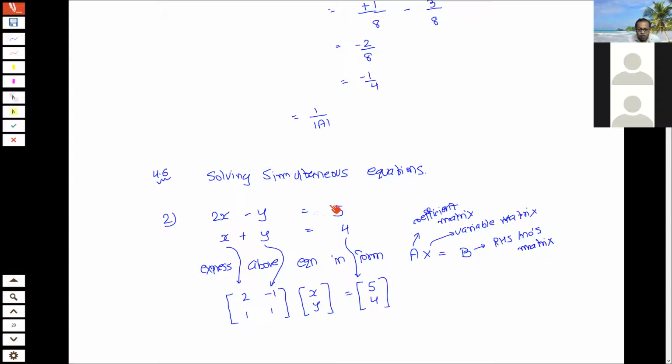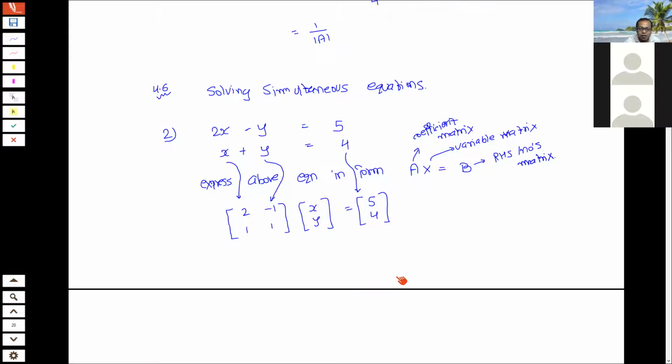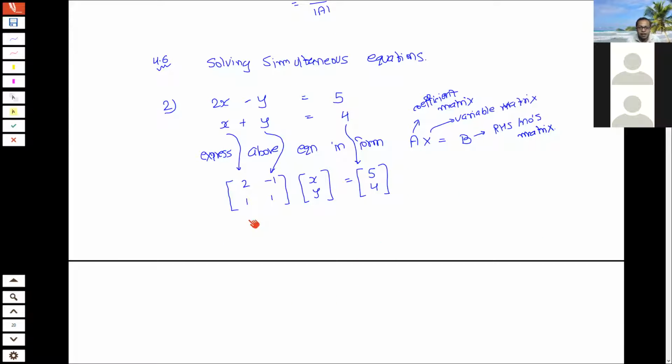So whatever the equation is, we can express it like this: AX equal to B, where A is the matrix of coefficients and X is the matrix of variables. You should write in a column and then the right hand side. Now it is AX equal to B.